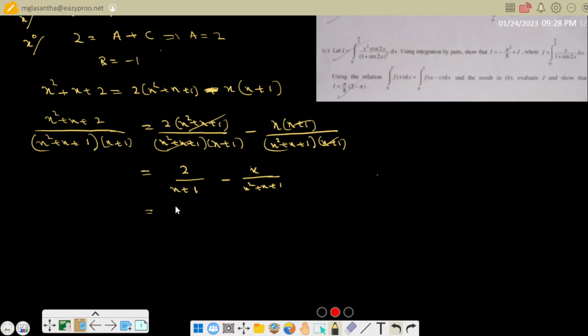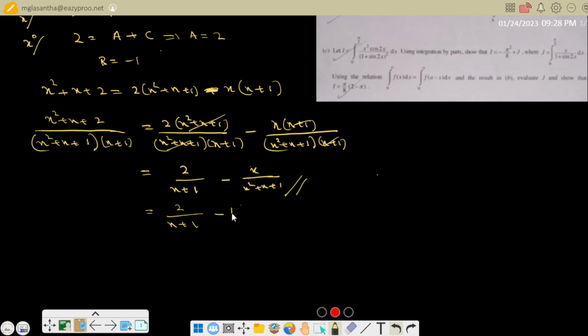So the partial fraction part is over from this point. Now further you can separate this term so that it is integrable.